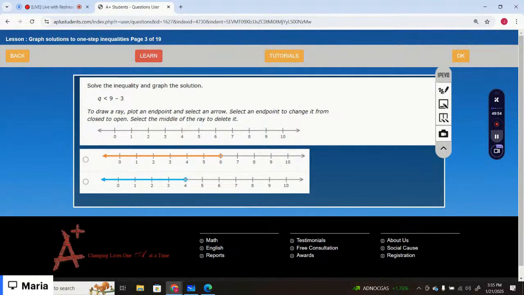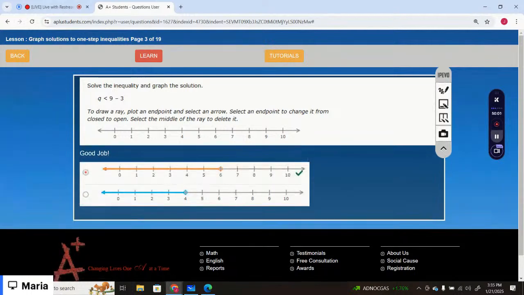So the correct option is option number 1. Option number 1 is the correct option.